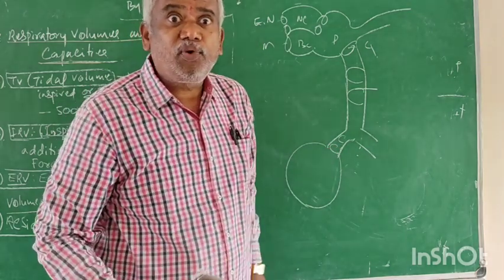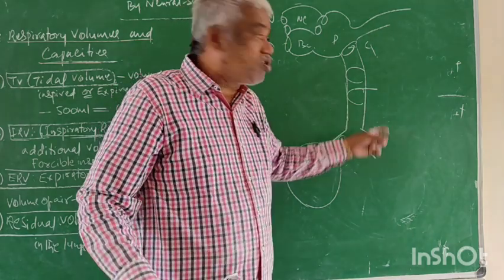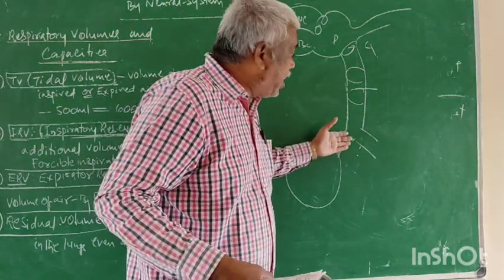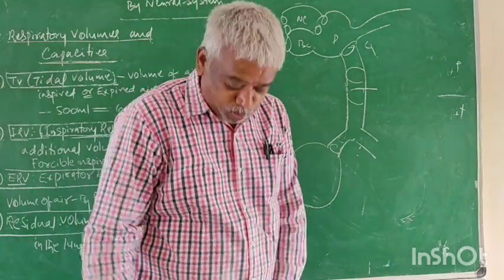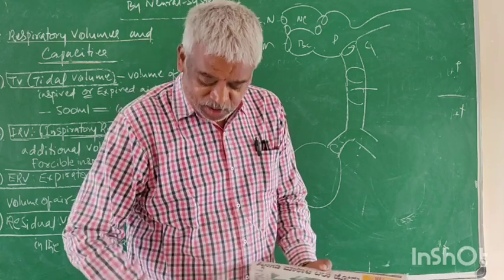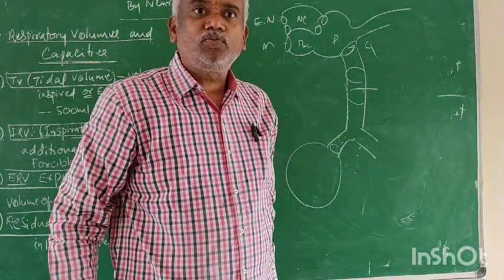What is the need of cartilaginous rings? Due to presence of these cartilaginous rings, there is support to the trachea and bronchi. The bone is a support to the body. If the bones are removed, the total body collapses.